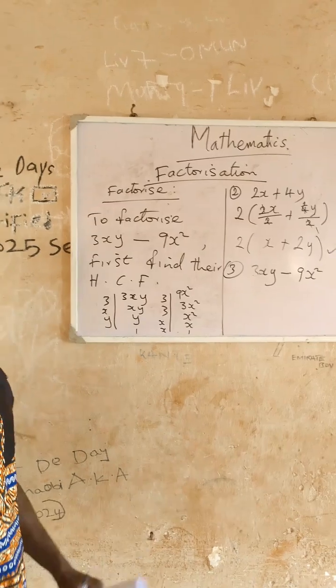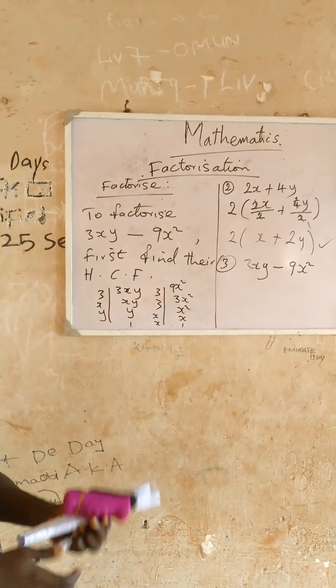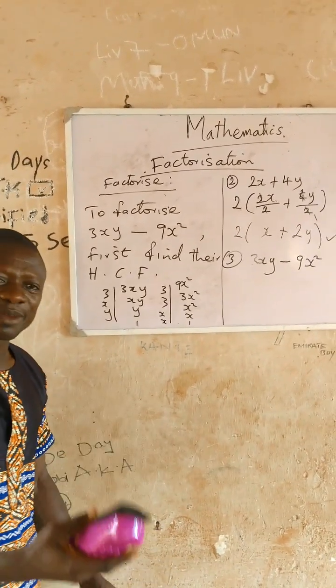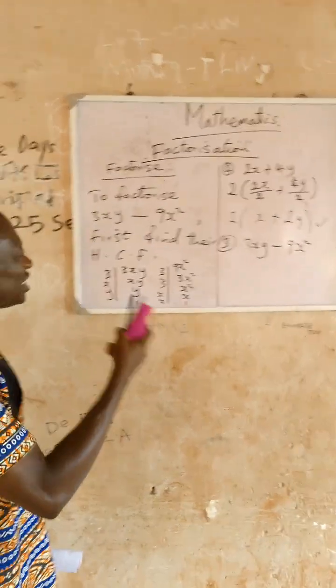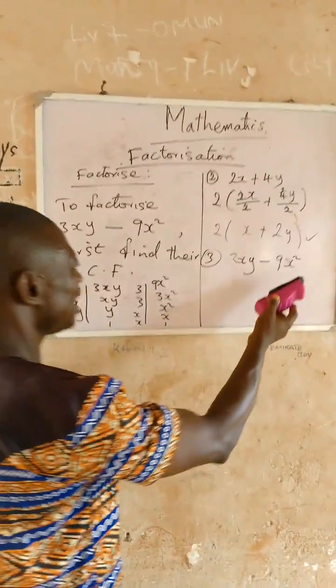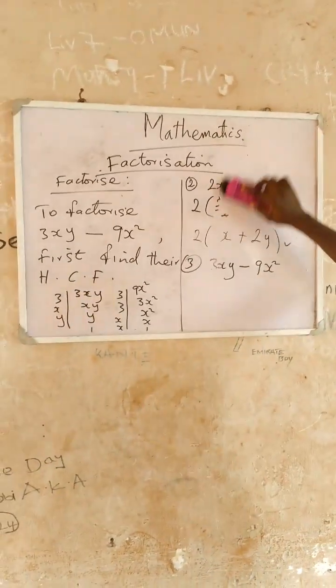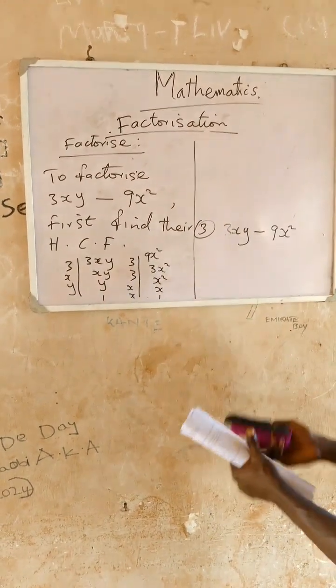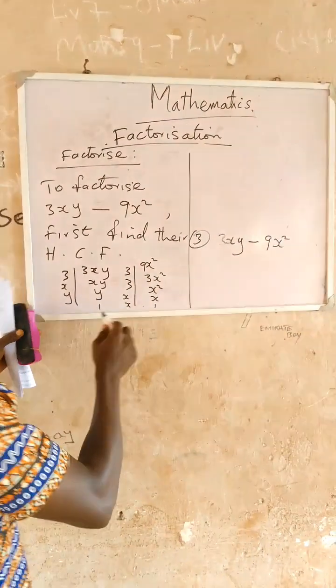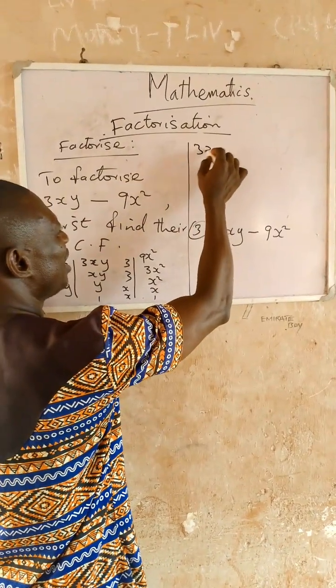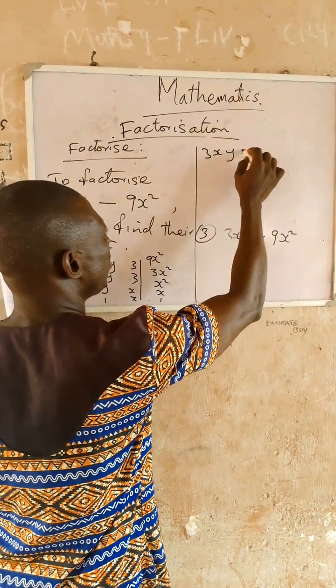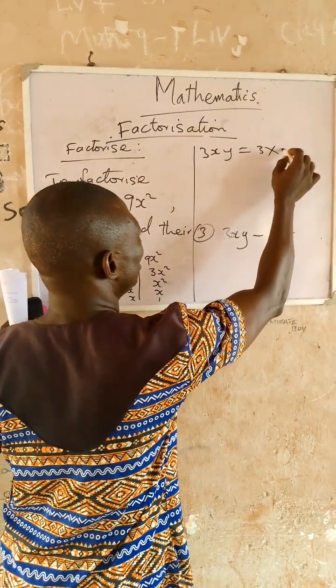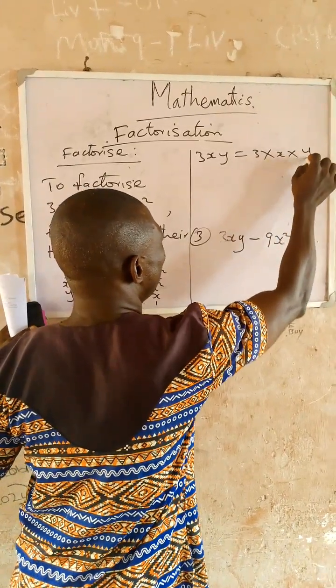We have finished division. And why are we dividing? We are dividing because we are looking for the HCF. Then let us get the HCF. 3xy is equal to 3 times x times y.